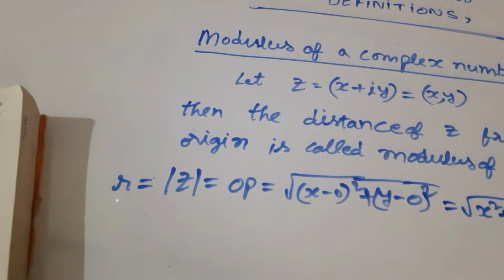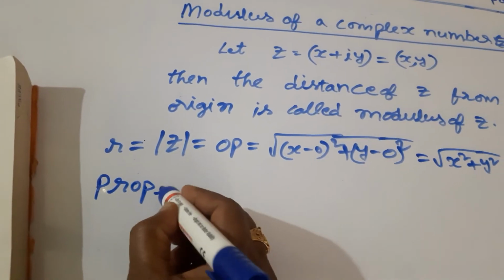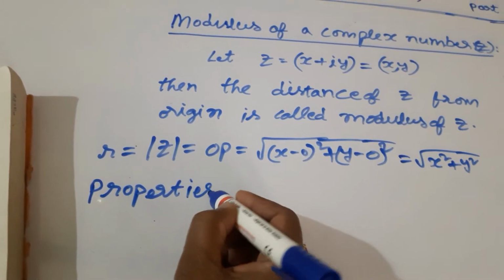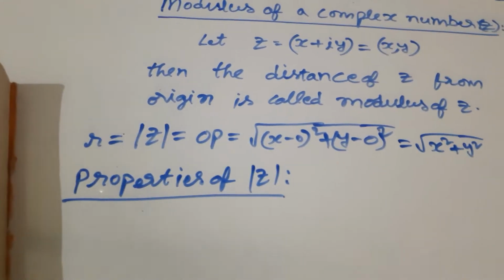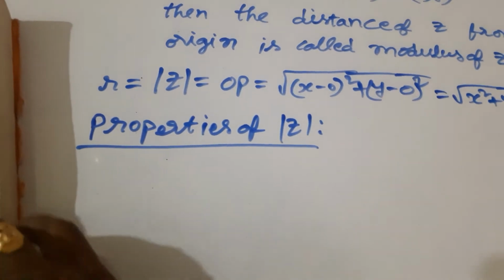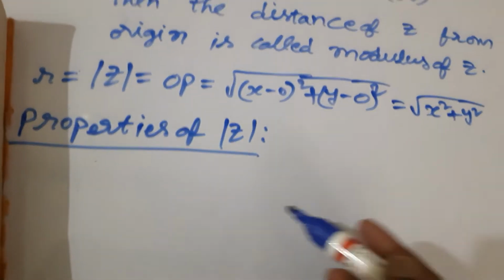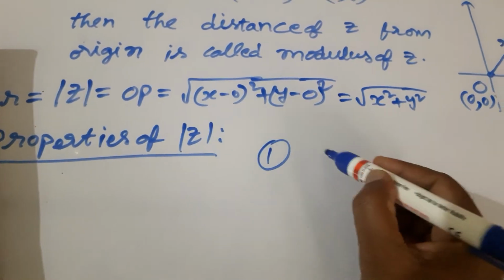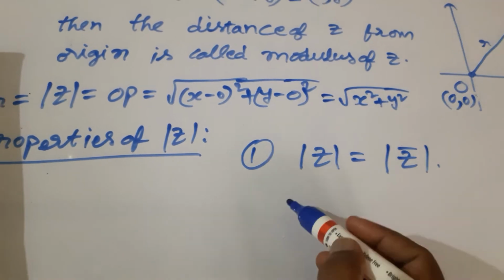Next, properties of modulus. Properties of mod z. First property is modulus of z is equal to modulus of z bar.